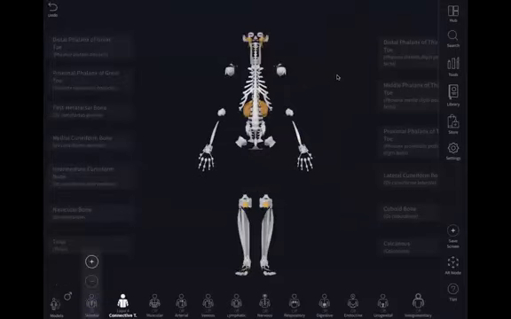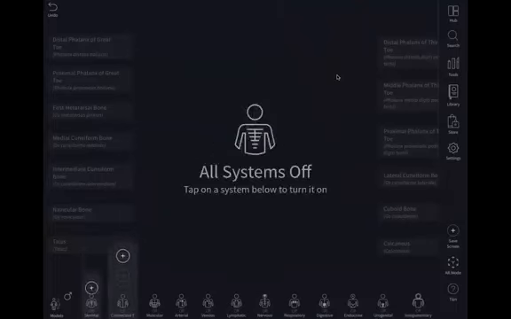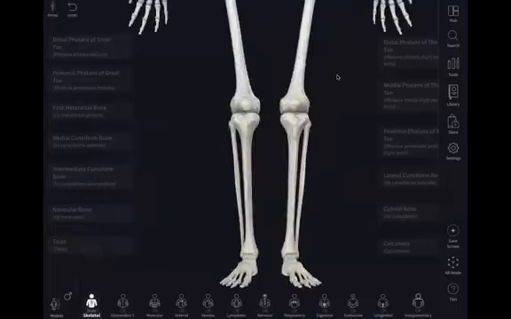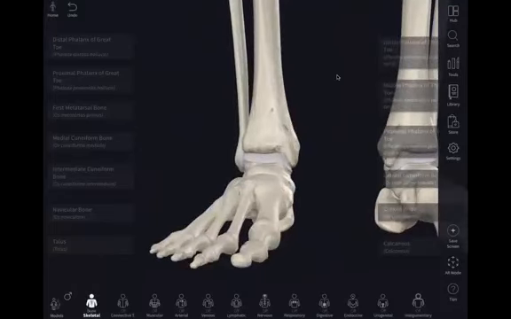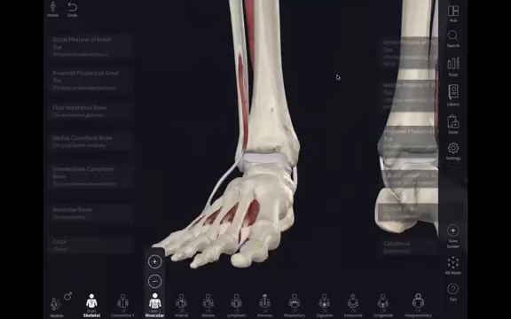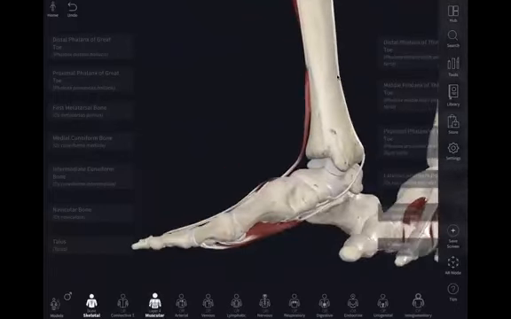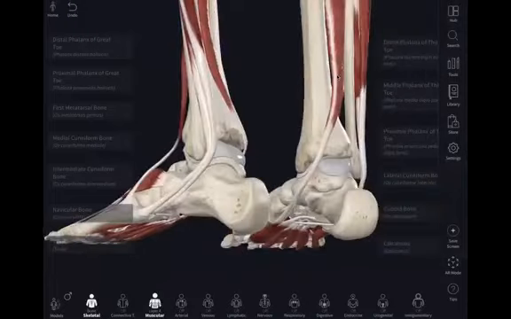One second, please. So you wanted to see the muscles, right? Yes, sir, and also the spring ligament. Yes, I'll try to show.